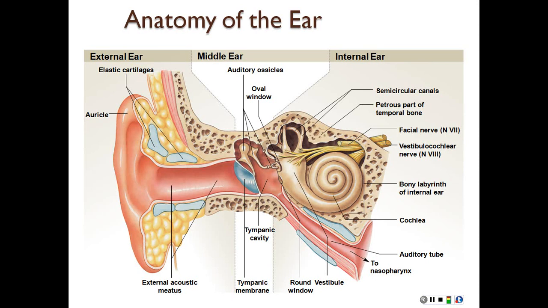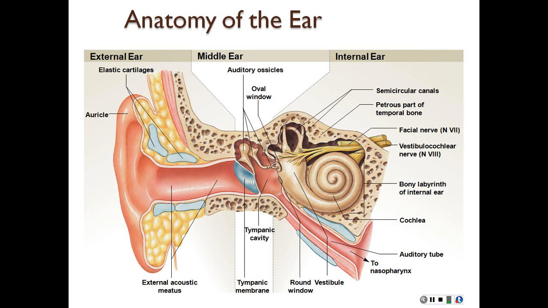Okay, so how does sound work? How do we hear? So we know sound travels in waves, right? Yeah. And those waves hit our eardrum, and that starts the process. So the waves travel through the external acoustic meatus, bumps into the tympanic membrane, and the tympanic membrane vibrates.